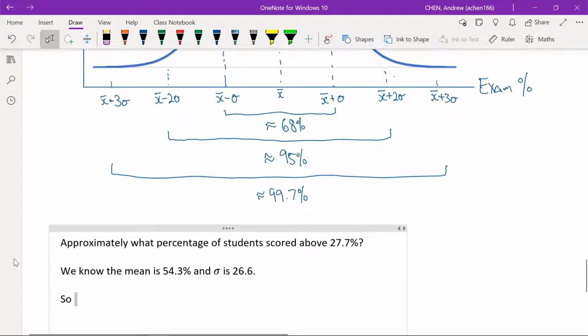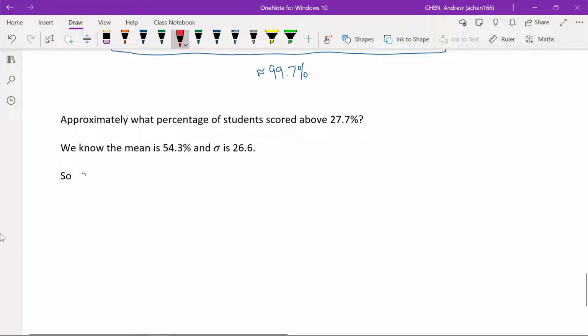So if we do the mean, well, we can see that this number is below the mean. Let's see how many standard deviations below the mean gives us 27.7. It's not going to be more than one. So if we do the mean, take one standard deviation, sigma, that's going to give us 54.3 minus 26.6, and that actually equals 27.7.